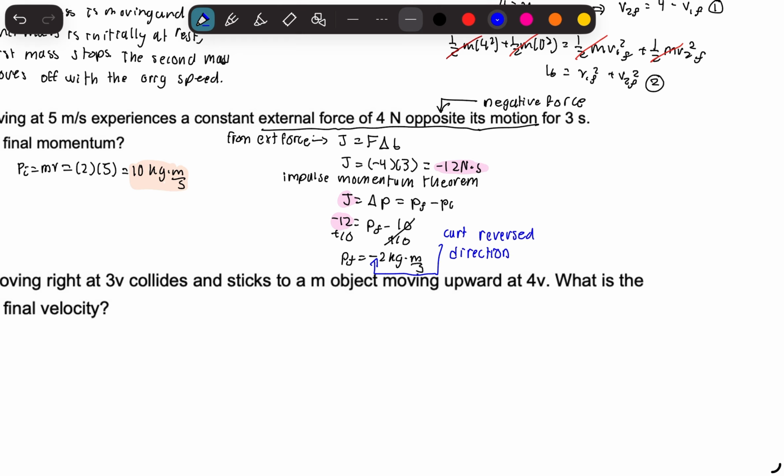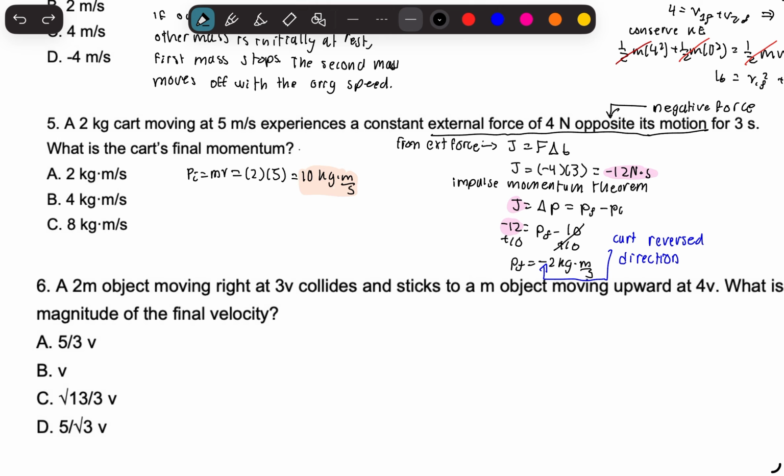Our options are only positive values, which means that if you take the magnitude, we're going to alter this question to say in magnitude. So the absolute value of this momentum is just equal to 2 kilograms times meters per second. So your answer would be A.